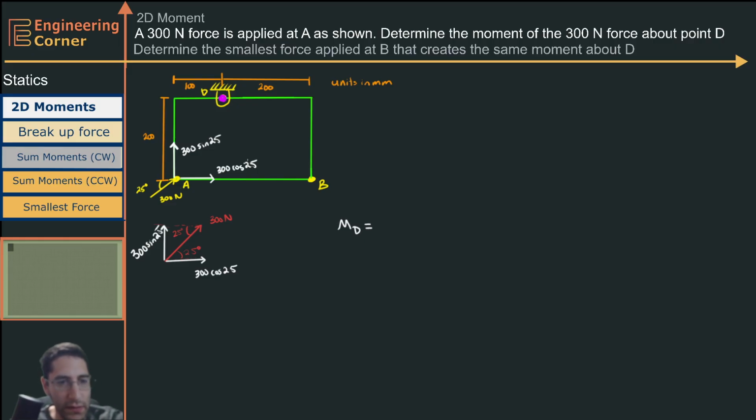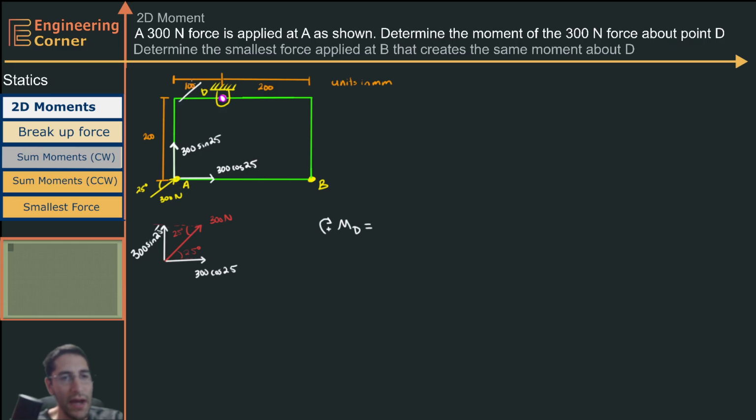What we're first going to do, let's look at going clockwise. The two forces that I have are this 300 times the sine of 25. First thing I'm going to do, I'm going to move this so it is aligned with point D. When I align it with point D, I easily see that my perpendicular distance is this 100 millimeters. After I do that, I pin my problem at point D and I rotate the entire thing.